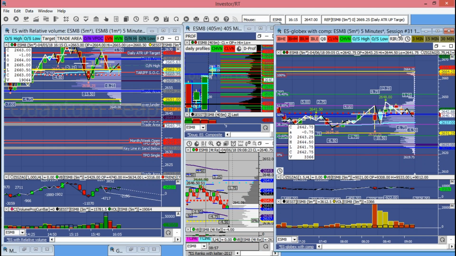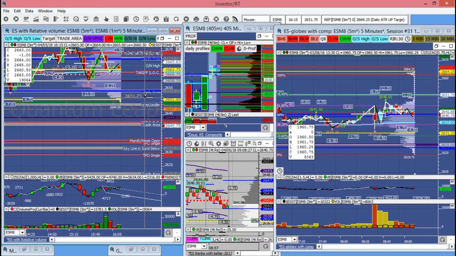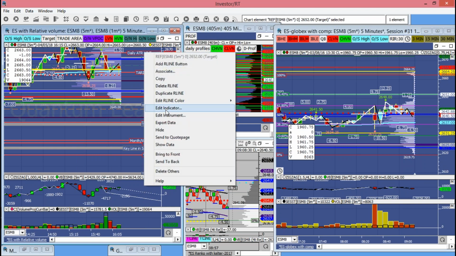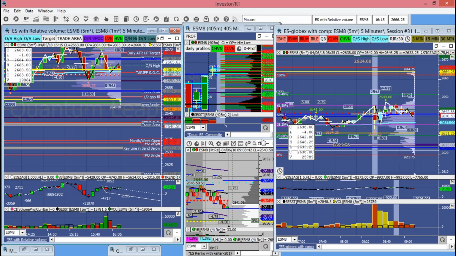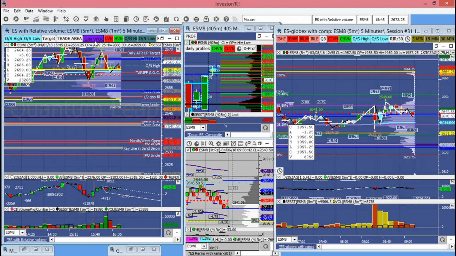So our half gap fill is 52. And again, this will have to be adjusted because we don't know where we're going to open yet. Our overnight VPOC is all the way down at 25.